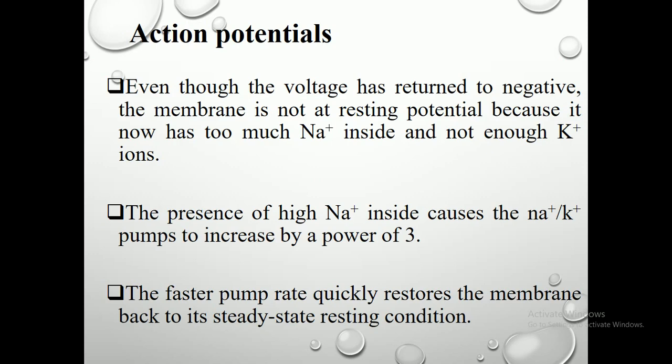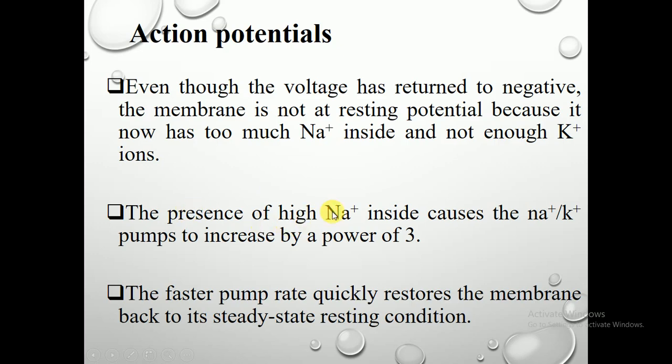As we know, after the action potential is generated, even though the voltage has returned to negative, the membrane is not at resting potential because there are now too many sodium ions inside and not enough potassium ions.